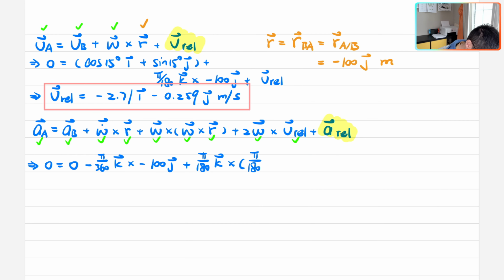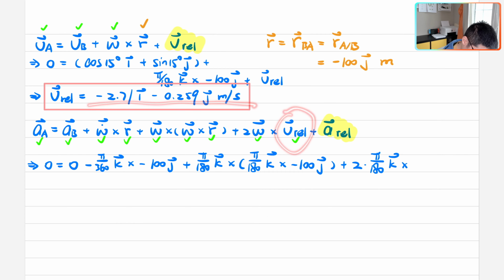Pi over 180k cross negative 100j plus, now we are at here, 2 times pi over 180k cross this whole thing. We're just copying down. Let me make a bit more room here.